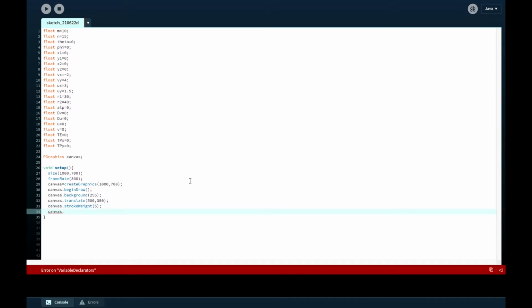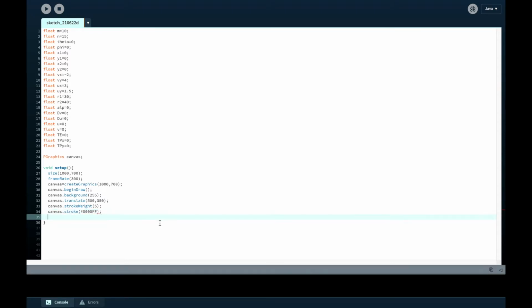Let's draw my line. What I'm drawing now is the boundary of the simulation. It's going to be a rectangular box, and I'm going to draw it in blue. So it's 0000FF. That's blue, RGB. We have our line, and now I'm going to have to go to one of the corners. So this here is going to be -500, -350. That's going to be the top left corner, because a minus value in the y direction in Processing is up, so it's quite different to how you'd imagine it. So that's left, that's up.